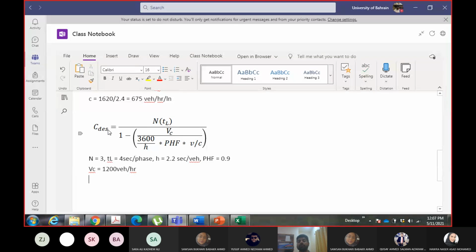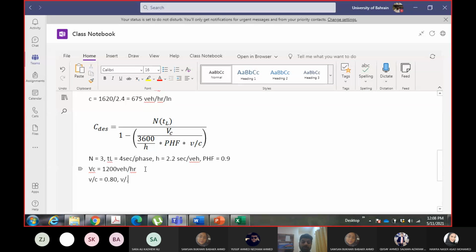So give me the value of desirable cycle length. Oh, sorry, V by C ratio. They said use V by C ratio in the range, so I will use these values from the range.